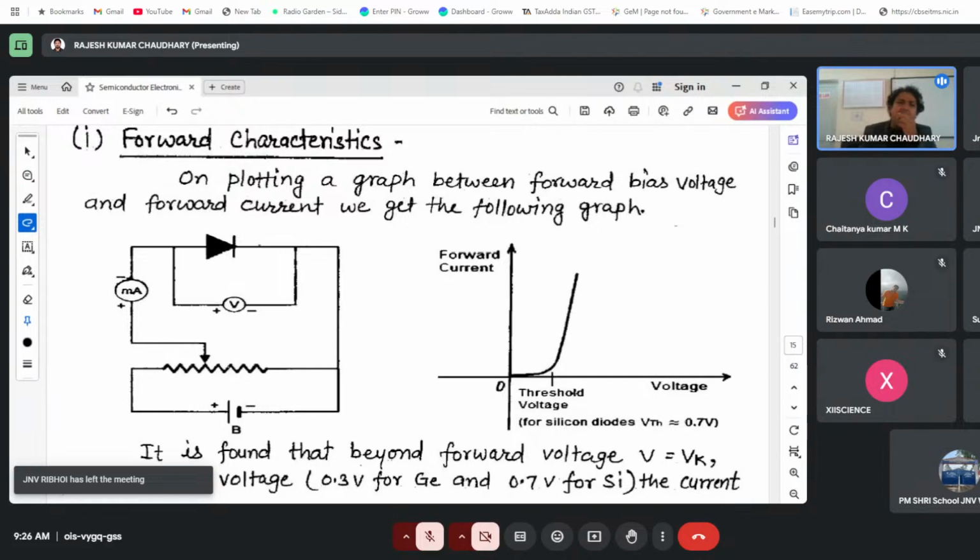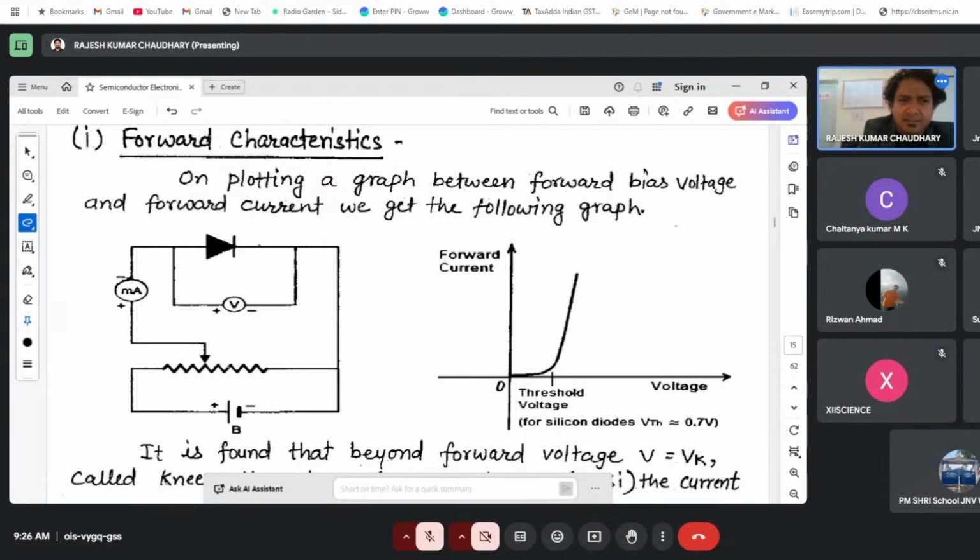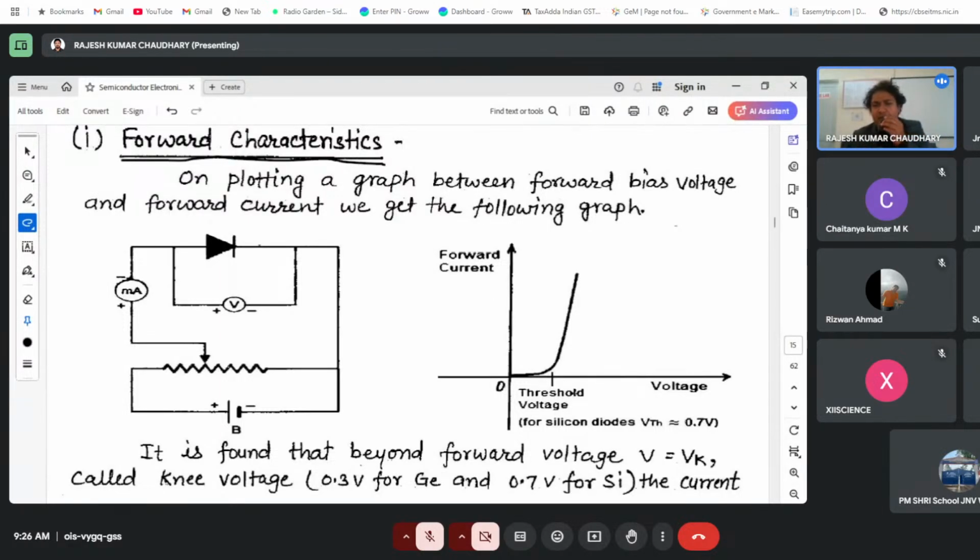When we draw the graph for forward bias, it is called forward characteristics, in which you can see that initially there is very little current or no current. Got it?